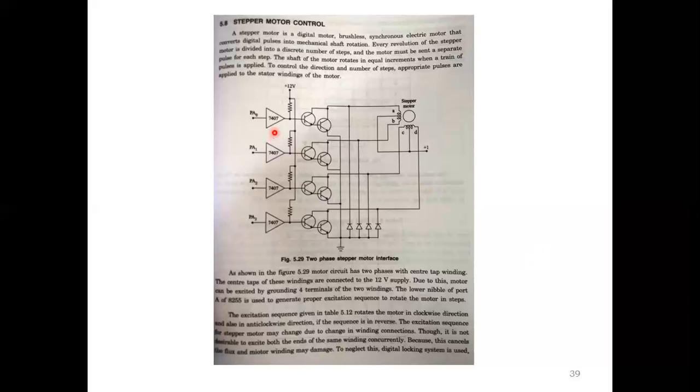We use a 7401 driver for the stepper motor because the stepper motor works at a higher voltage, while the input here is 5 volts. So we need to drive the voltage, and for that we use amplifiers, the transistors.